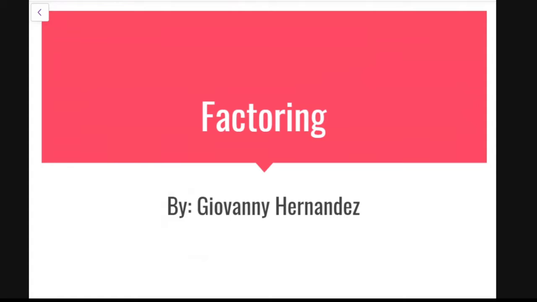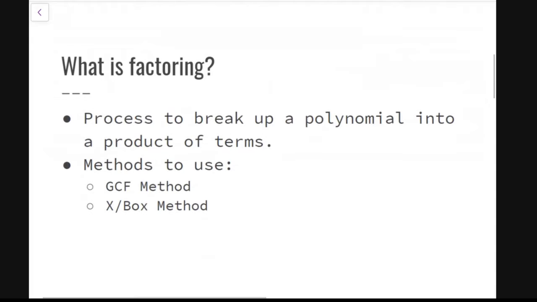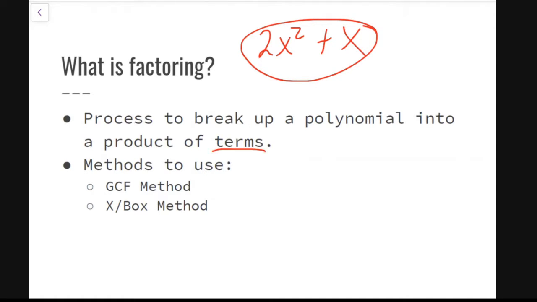So let's dive into what factoring is first. So what is factoring? Factoring is basically a process to break up a polynomial into a product of terms. That can be breaking up a polynomial, which is an expression made up of multiple terms, such as 2x squared plus x, and we want to break up this polynomial into a way where we have multiple terms that are multiplied by each other, which shows that a product of terms is what we're trying to accomplish.